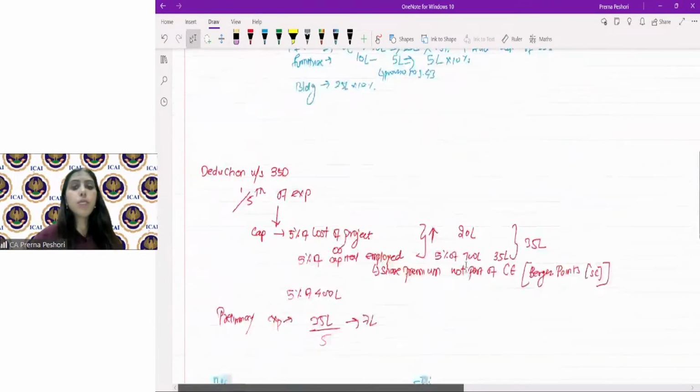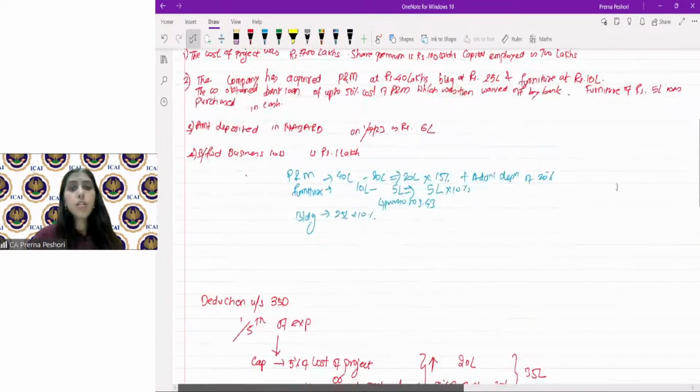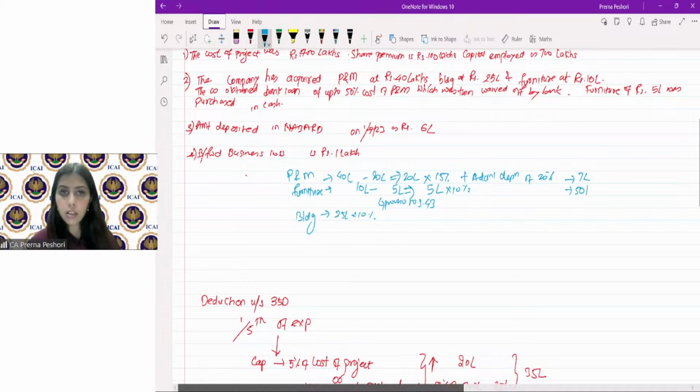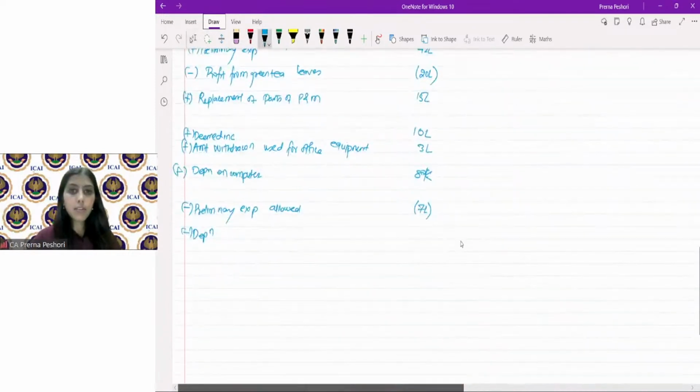Total depreciation is coming to how much? 20 lakh into 35%, 7 lakh is the depreciation total. Furniture, it is 5 lakh into 10%, 50,000. And this is 2.5 lakh. So my total depreciation comes to 10 lakh, right? So depreciation allowed is 10 lakh.